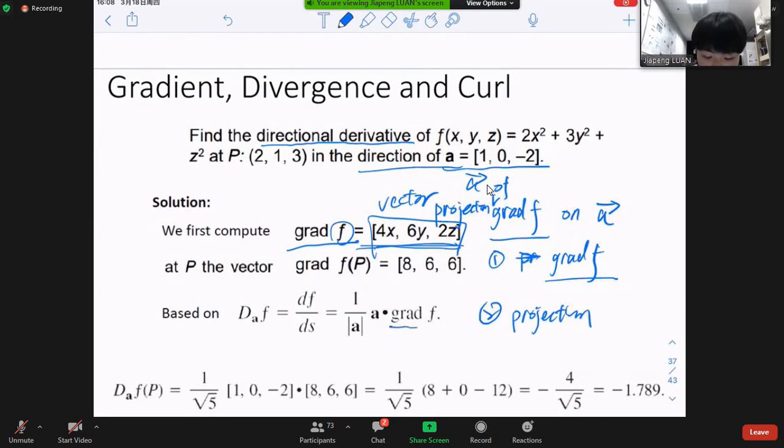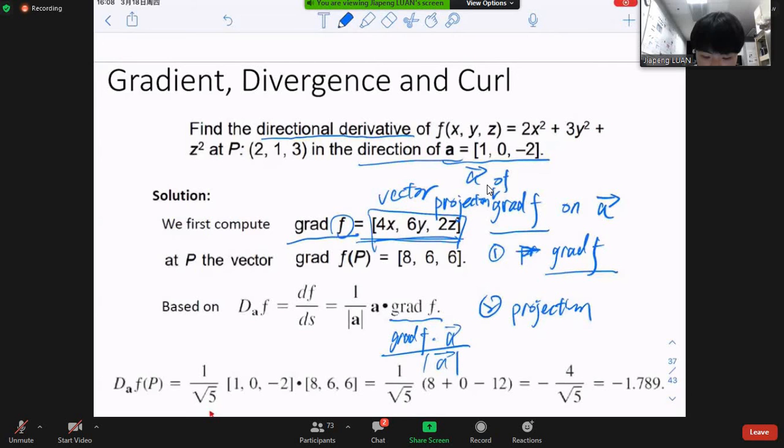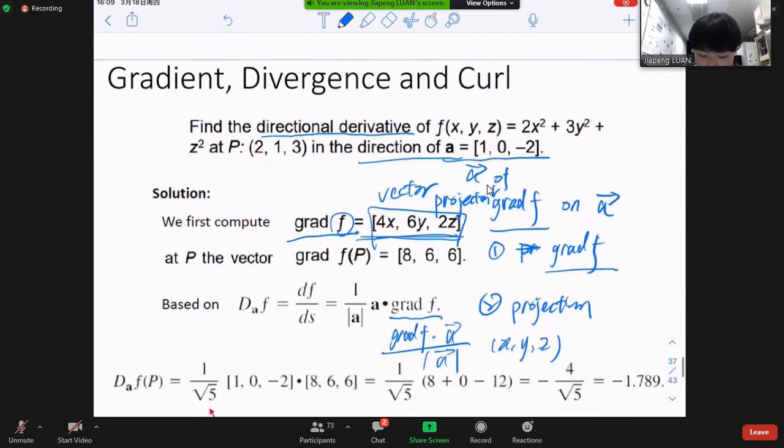Because this is a vector, the projection is actually gradient of f dot A over norm A. Okay, and then you can see this is a function of x, y, and z, and then you substitute this point P, x, y1, z3. You can get the answer. Okay. You can see this more in detail later.